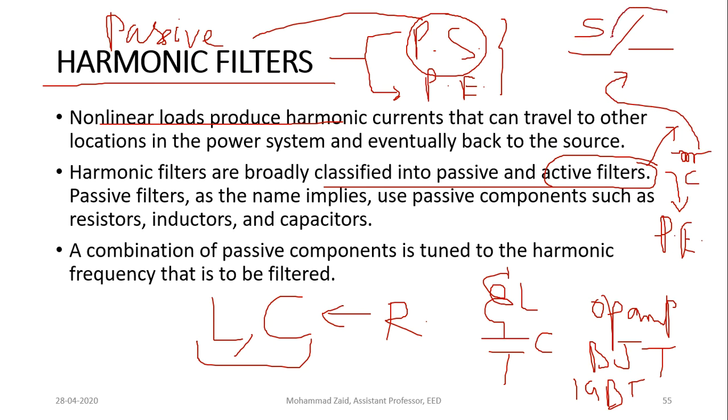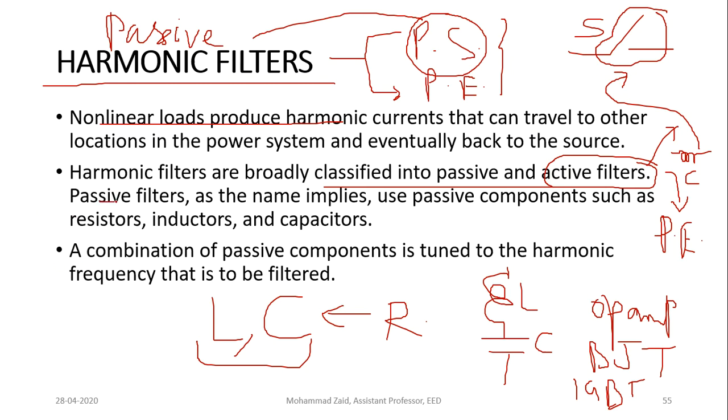So the operation and control of this switching device will lead to harmonic elimination from the system. That means if the switch is properly controlled, then we can eliminate harmonics by using active filters.